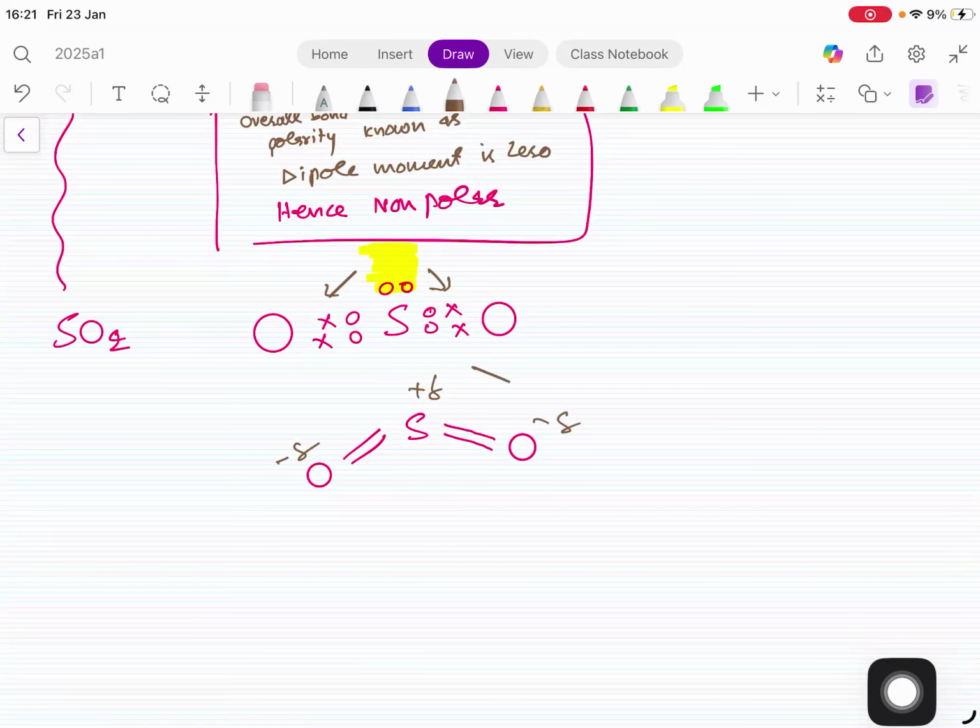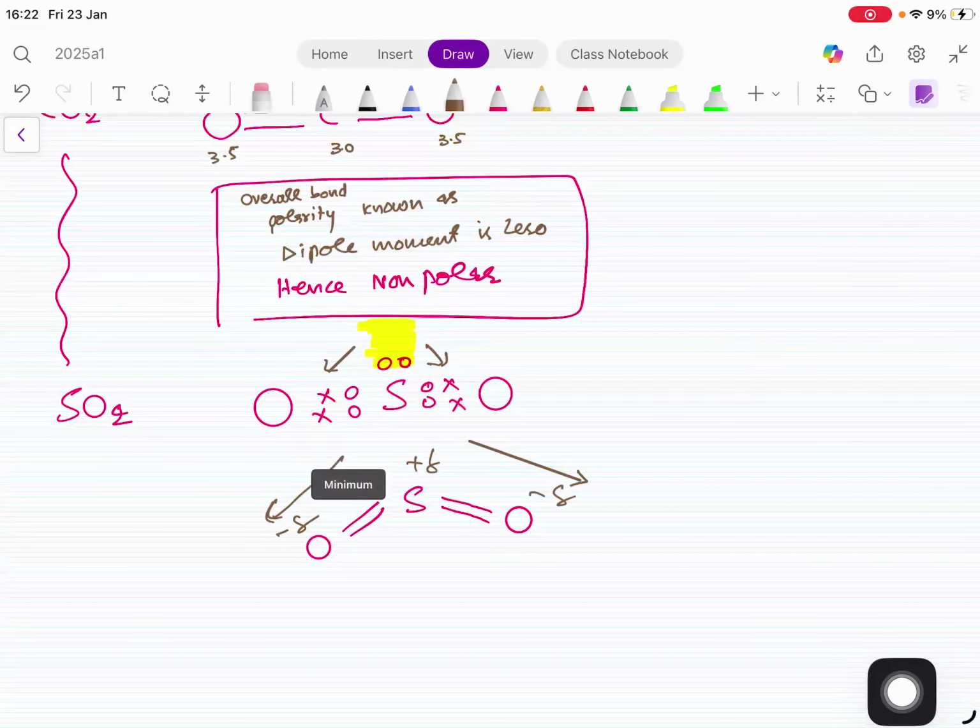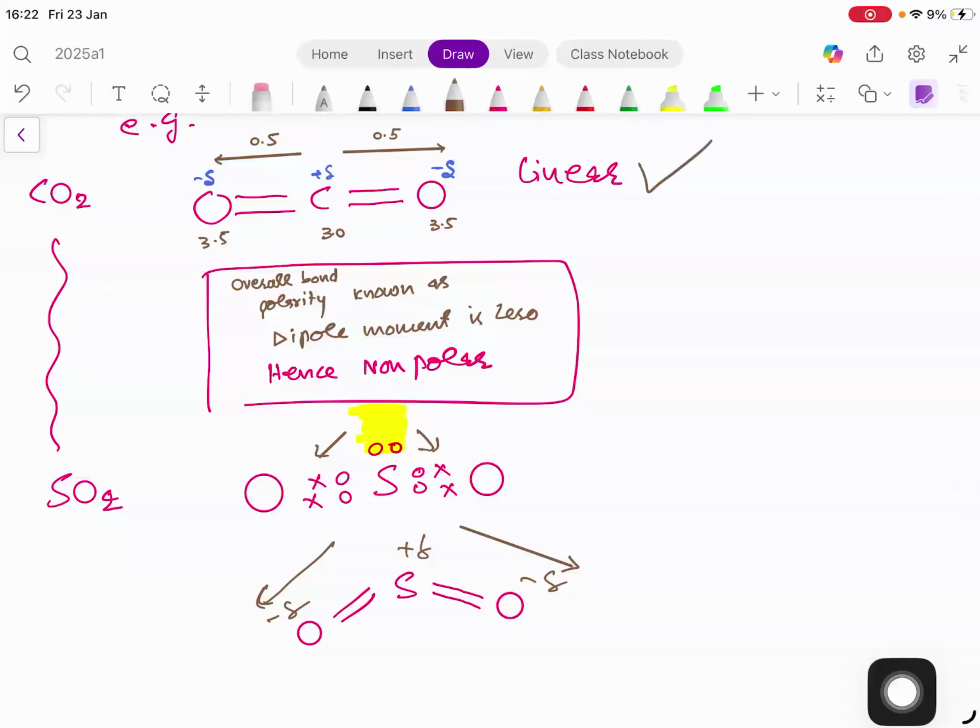Looking at this, this is partial negative, and here is one vector, and here is the other vector, with an angle of 117.5. Do you think these two vectors still sum to zero like carbon dioxide? No. They can't sum to zero because they are not in opposite directions.